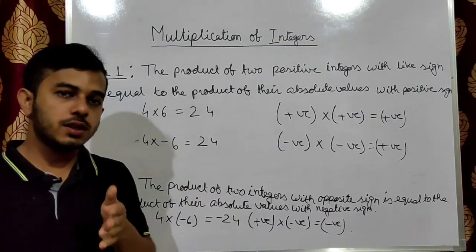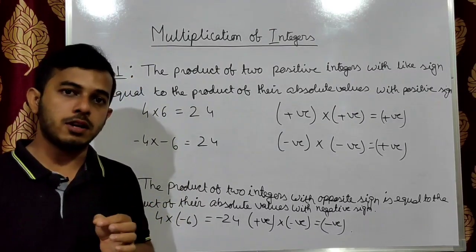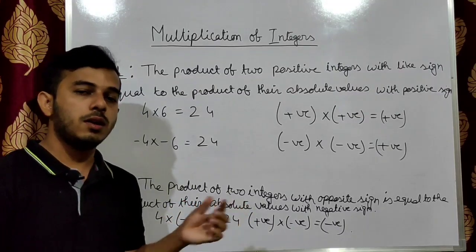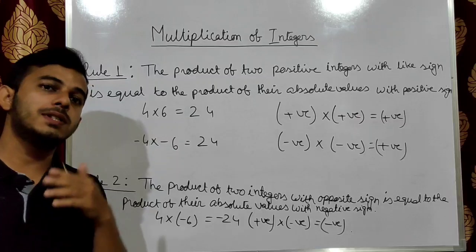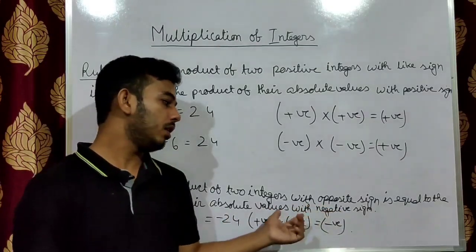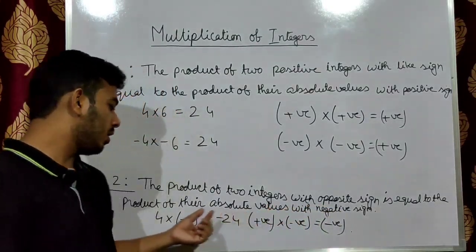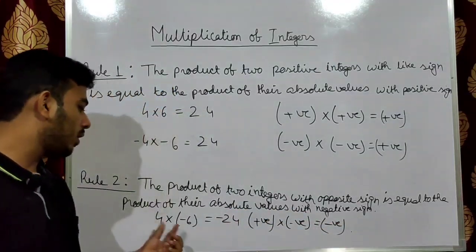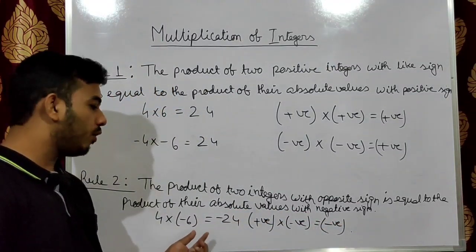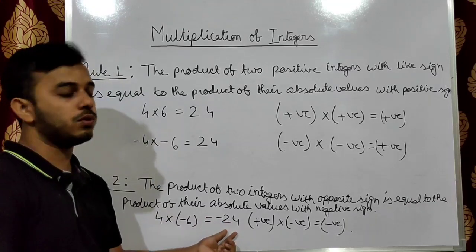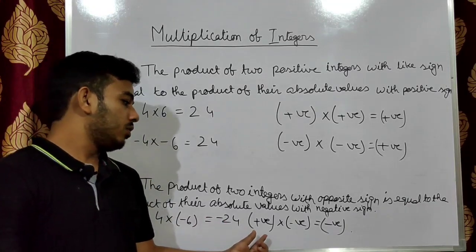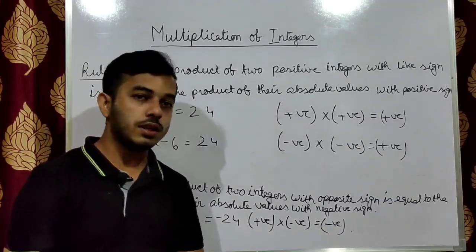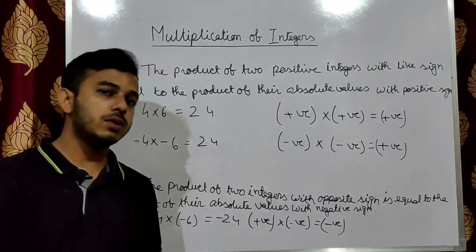Absolute value means, as I told you, the numerical value of any particular number. In that case also we will find the product of their absolute values, but the sign will be negative. For example, 4 into minus 6 equals minus 24. So this is our main formula: positive into negative equals negative, or negative into positive equals negative.